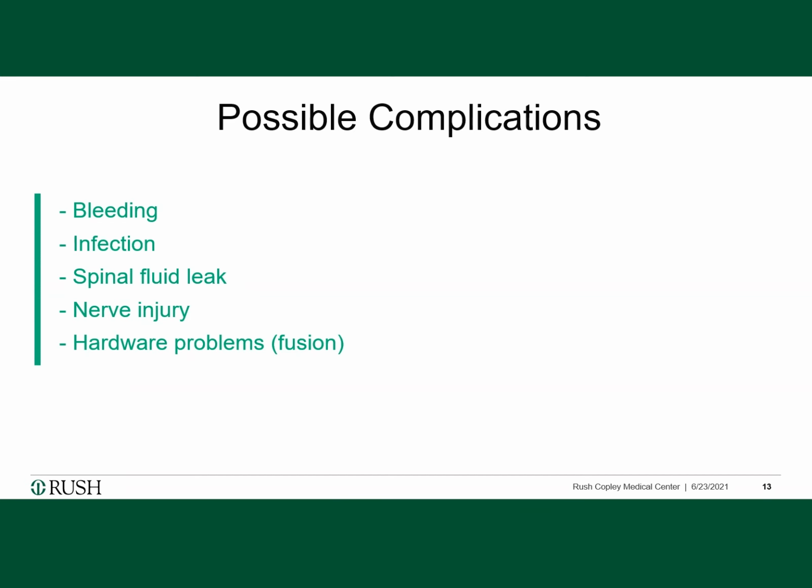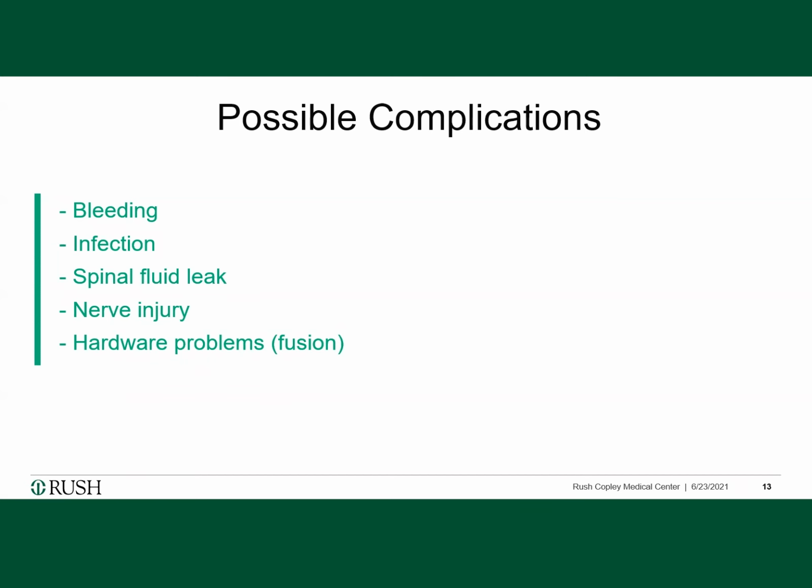And when we're cleaning out that arthritis, that membrane can tear and some of the fluid can leak out. Most of the time, we're able to fix that during the surgery because we're able to see where the leak is. So it's more of a nuisance. But sometimes if the leak is very small and not detected during surgery, it requires additional procedures or surgeries to fix.